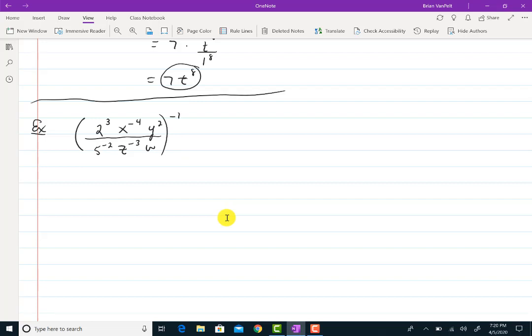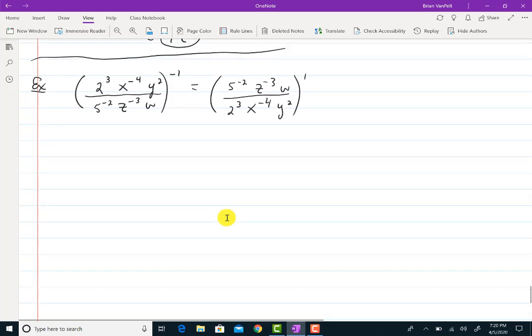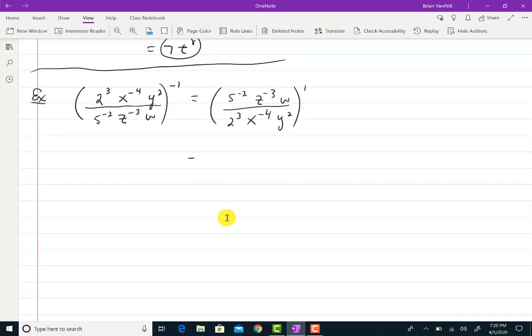So this example aims to use a lot of rules at one time. The first thing I'm going to do is turn it upside down inside of the parentheses, but leave everything the same for now. I am warning you, don't try to do more than one rule at a time, or you're going to probably run into some issues. So now that exponent is 1. Anything to the first power is the same as itself, so I'm going to drop the 1 power.